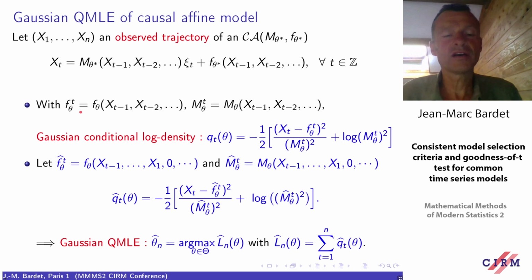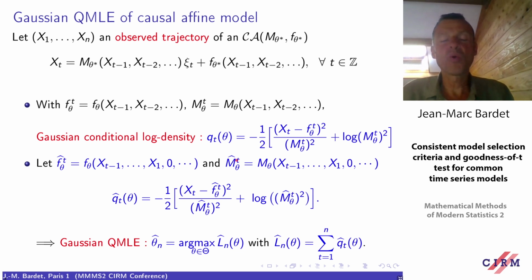Because f_theta^t depends on all the past values of X_t, but X_0, X_{-1}, and the others before are not observed. So we cannot obtain a feasible density because f_theta^t and m_theta^t are not observed and could not be computed.